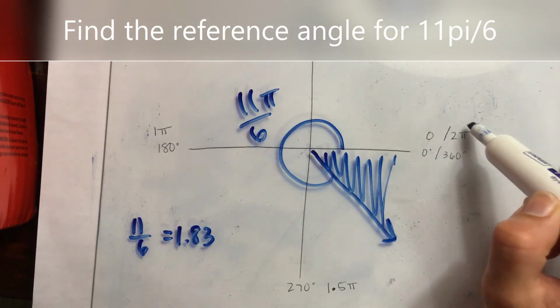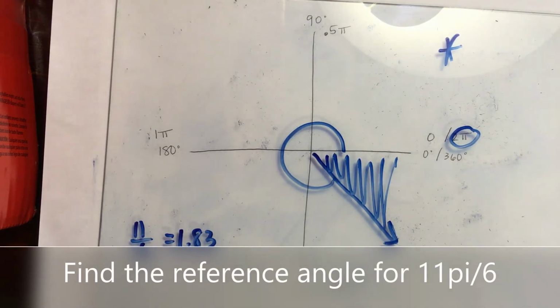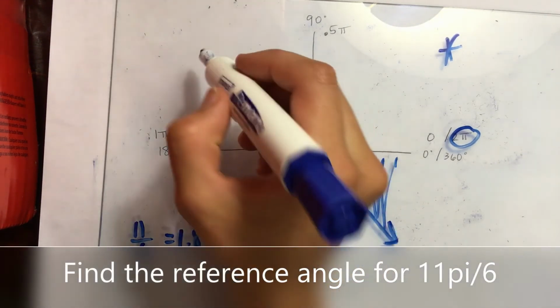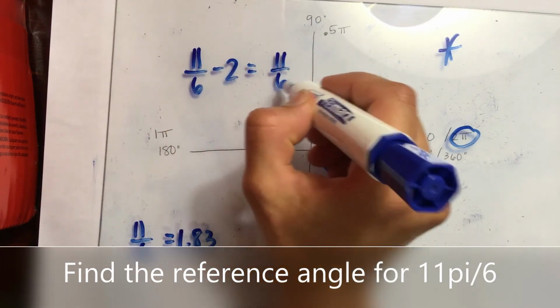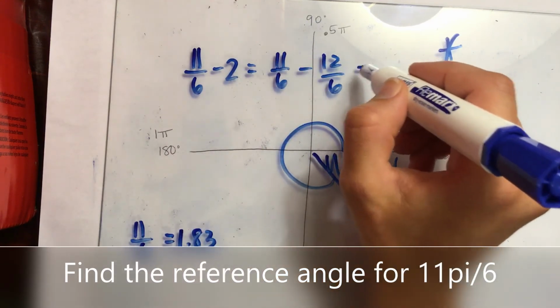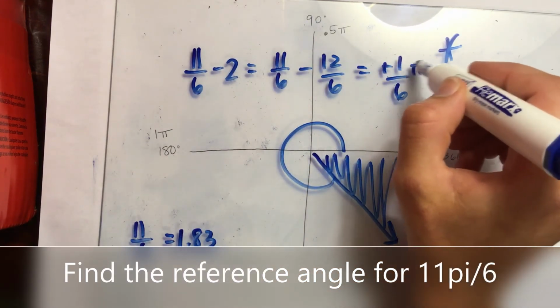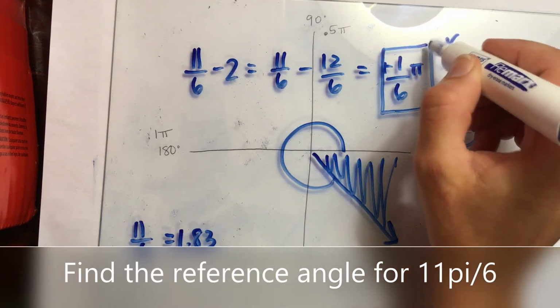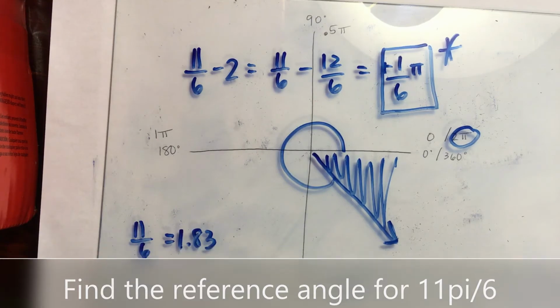I am closest to 2 pi. So how much is between 11/6 and 2? Subtract, you can use your calculator or you can use a common denominator here. 2 times 6. And we're using absolute values because your reference angle is always positive. So my reference angle is 1/6 pi.